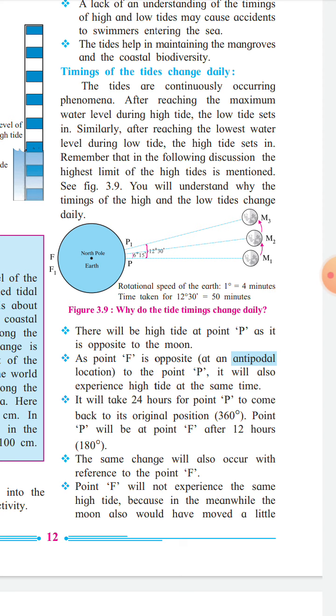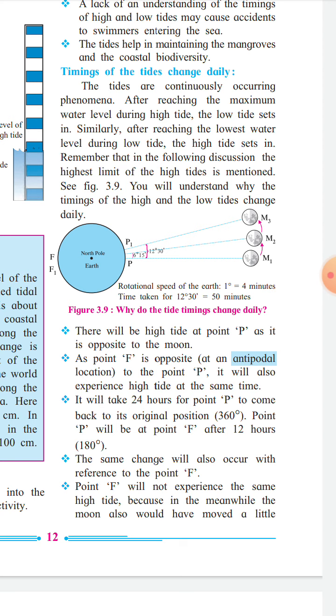So it changes 1 degree and takes 4 minutes. The time taken for 12 degrees 30 minutes is 12 times 4, 48, and another 2 minutes, that is 50 minutes. And there will be high tide at point P as it is opposite to the moon.